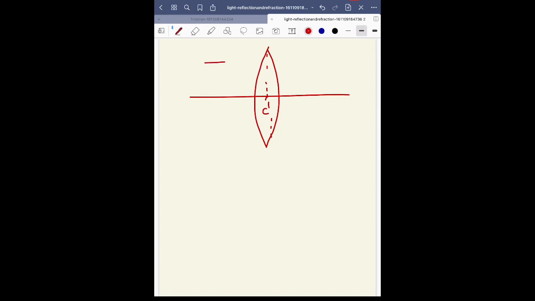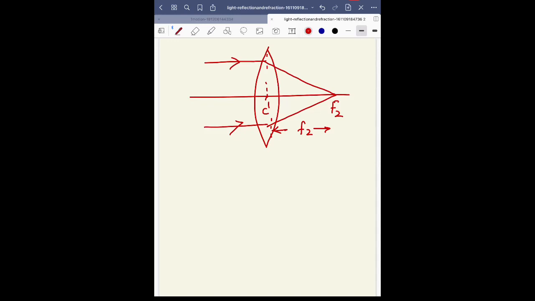Here, if the rays are coming from infinity, all the parallel rays are collected at the focus to form the image there. So this is our second focus. The second focus is the position of the image when the object is situated at infinity. This is the second focal length, the distance between the second focus and the optical center.